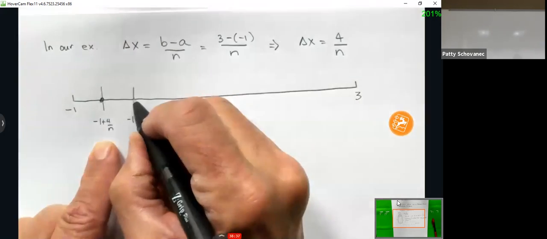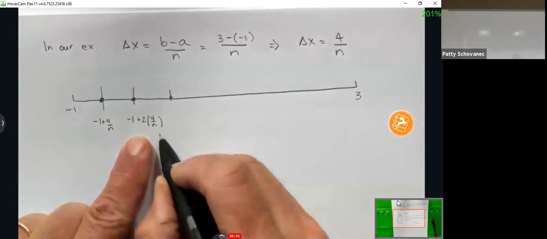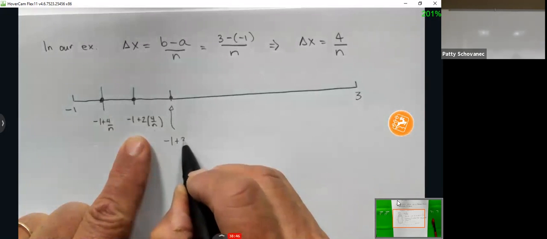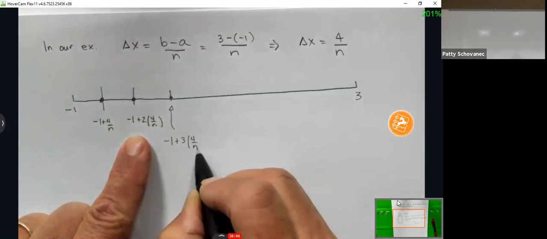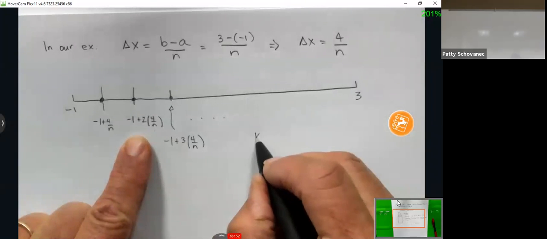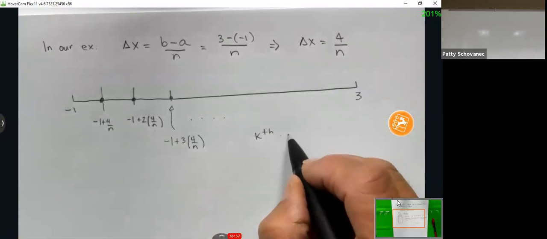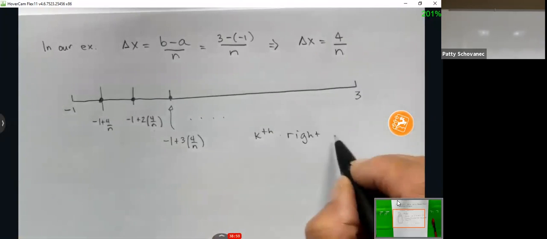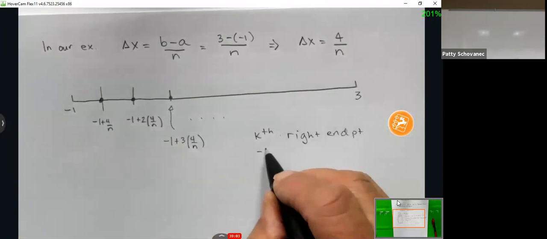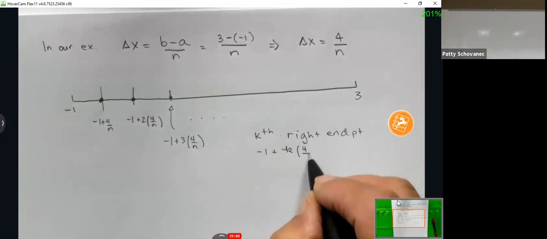So there's my first right endpoint, there's my second right endpoint. My third right endpoint, I add another 4 over n here. And so this will be -1 plus 3 times 4 over n. So if I continue this progression, the kth right endpoint is going to be -1 plus k multiples of 4 over n.